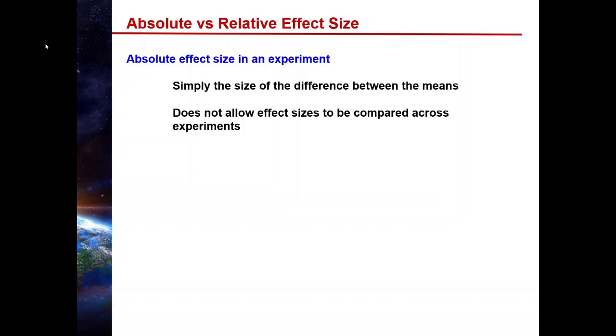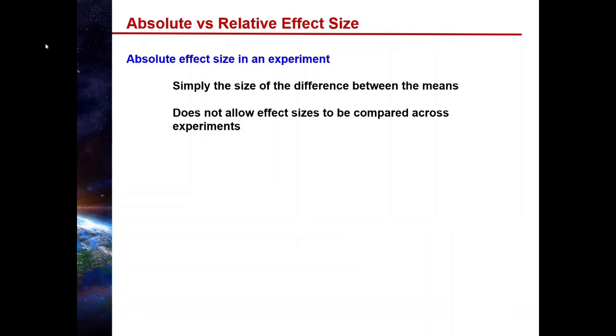Okay, so you've got coffee drinkers and non-coffee drinkers, and you're looking at their average lifespan, right? You can do the study in your lab and get a certain effect size, okay, certain difference between your means, and one of your friends could do the same study in their lab, and they'll find means for longevity, and they'll calculate their effect size, but you can't compare your two effect sizes because everything about those distributions are different, right? You found different means.